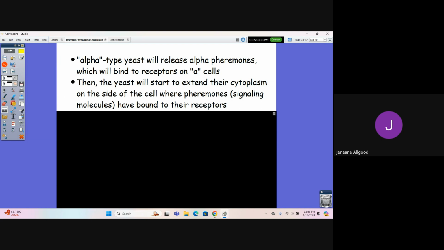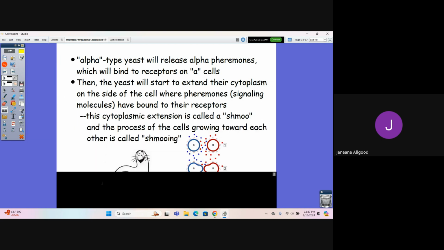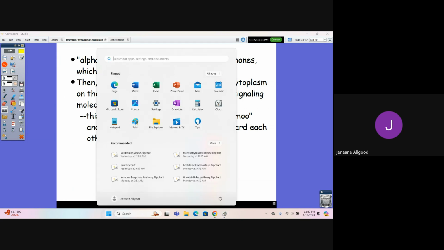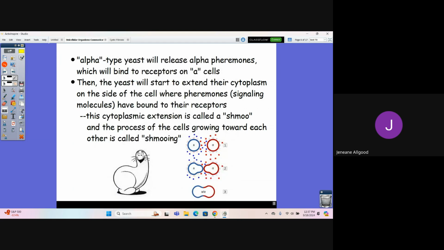So the A yeast, if you think about that picture from the previous slide, are going to start extending their cytoplasm in this direction, and then the alpha yeast are going to try to extend their cytoplasm in this direction. Oh, and then I'll show you that again in that picture.